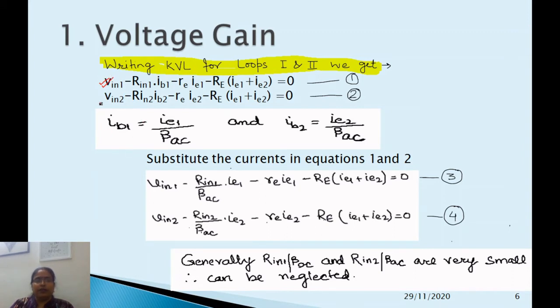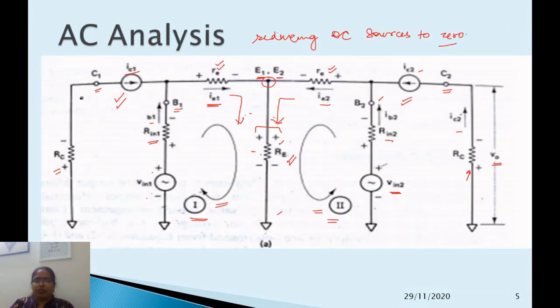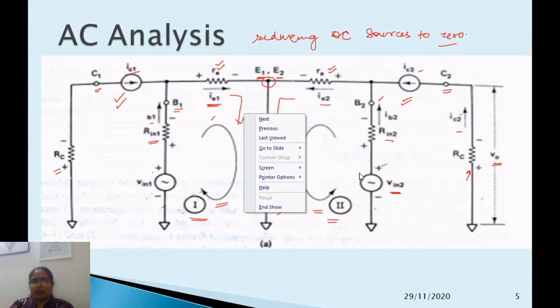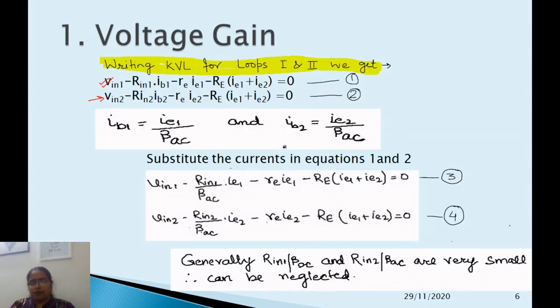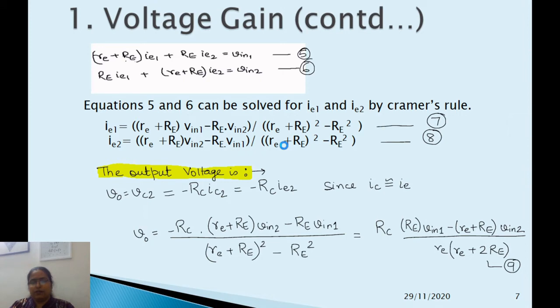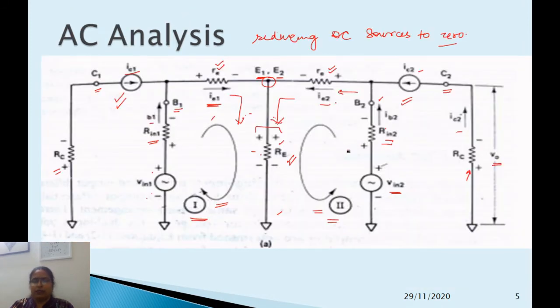Similarly, we can write the second KVL equation from the second loop. So in the second loop, you can see that starting from the voltage source V in 2, minus V in 2 minus R in 2 into IB2, coming to this side, re into IE2, then again coming to this capital RE, capital RE into IE1 plus IE2 equal to 0.